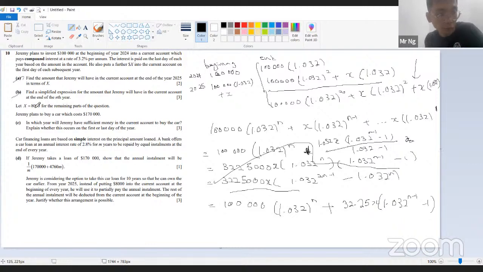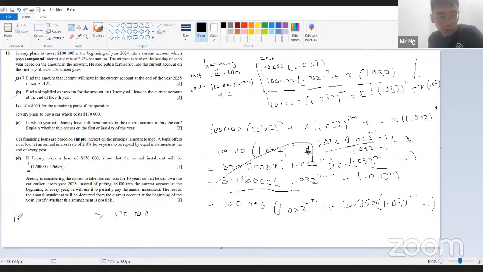Then after that, the next part: trying to buy a car, cost each year, sufficient money, when these occur on the first or last day. Wow. Okay, let's just try first. We want it to be more than this amount.